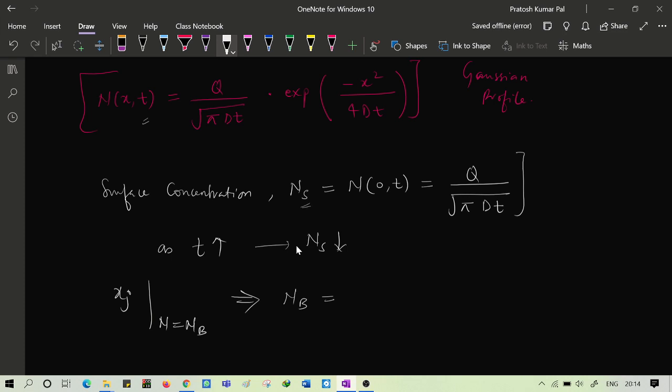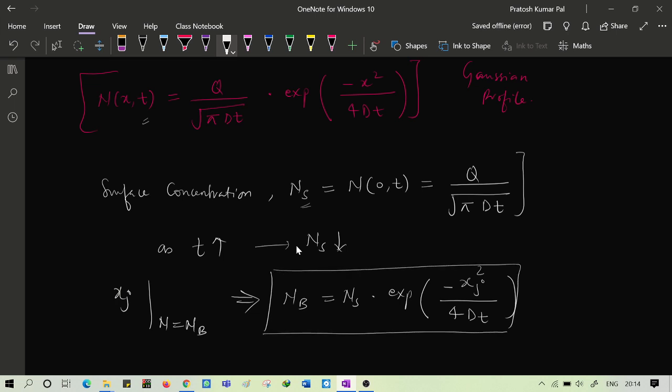So NB is equal to Ns into the exponential function of minus x squared, where x is equal to xj, divided by 4Dt. So this is the expression to find out the junction depth concentration basically.